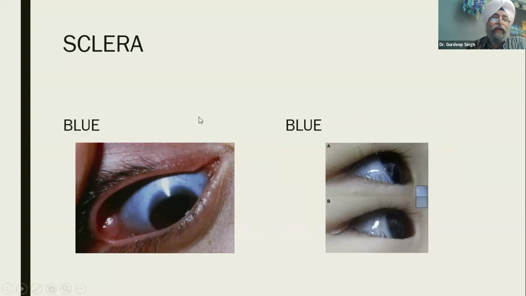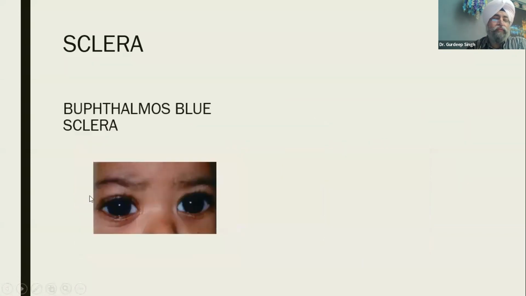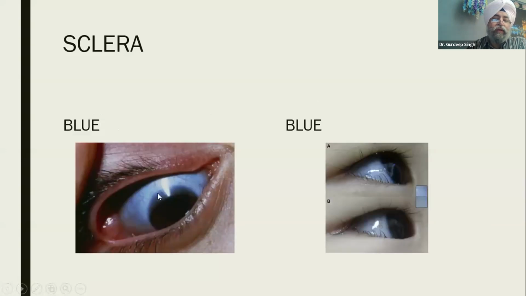Sometimes I had a child referred to me by a pediatrician with a history of blue sclera like this. The child was just 4 months old, and the pediatrician himself had ruled out osteogenesis imperfecta. Then I looked into that.